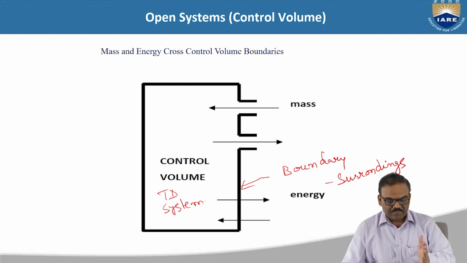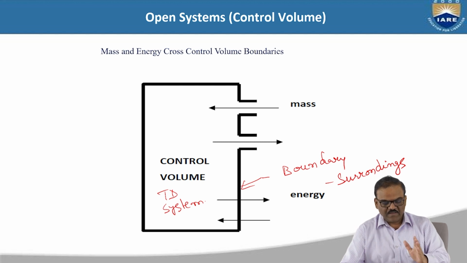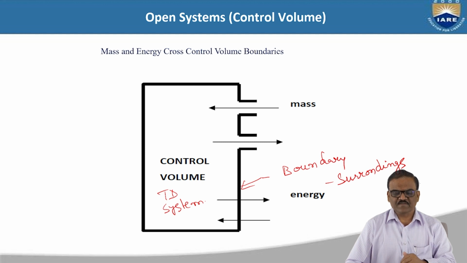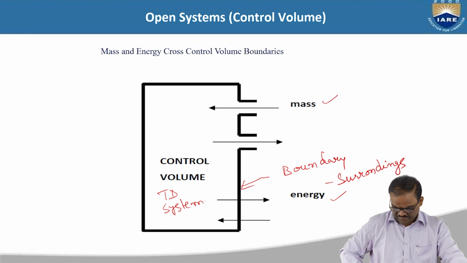Thermodynamic system, boundary and surroundings. In this case, compared to the previous closed system, in the open system both mass and energy transfer take place between the system and surroundings. Such a system we call the open system.